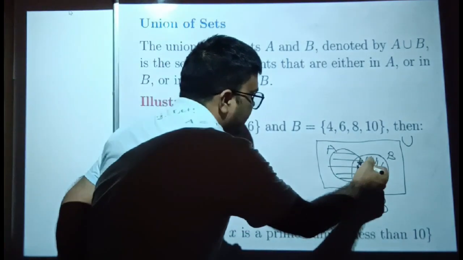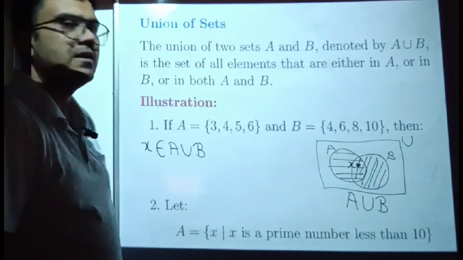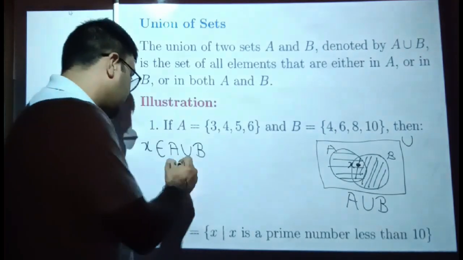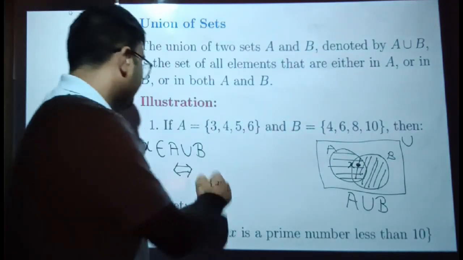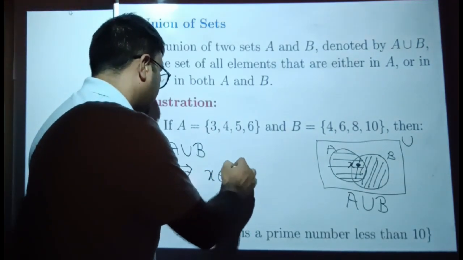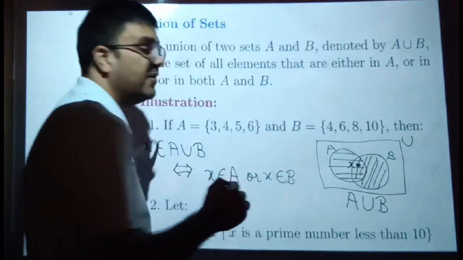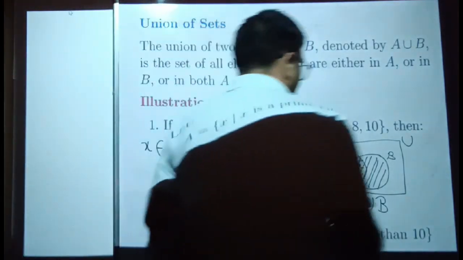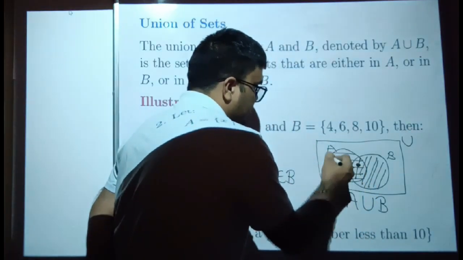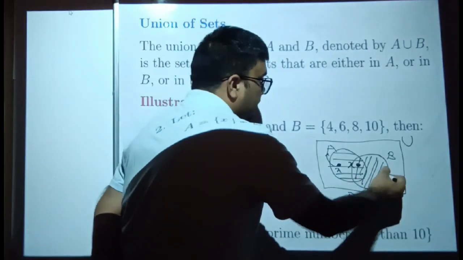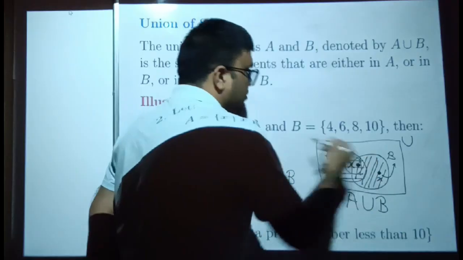We are considering any element over here. Suppose this is X. When it is like this, this implies, and is implied by, X belongs to A or X belongs to B. When we use this term or, what we mean is that X can belong to A only, or X can belong to B, or X can belong to both.